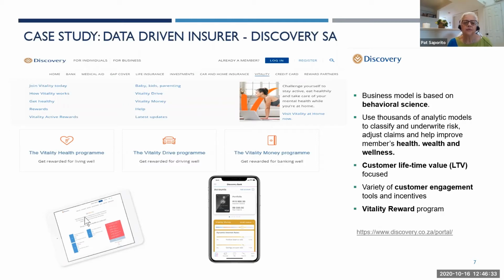The Vitality Drive program, right, is part of their P&C arm, or what they would call general insurance, so getting rewarded for quote unquote driving well. And Vitality Money program, which is part of their banking. They have a bank as part of their organization as well, getting rewarded for banking well.